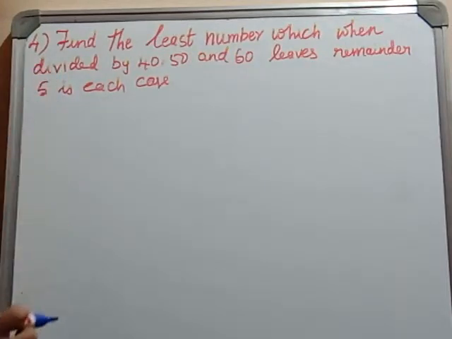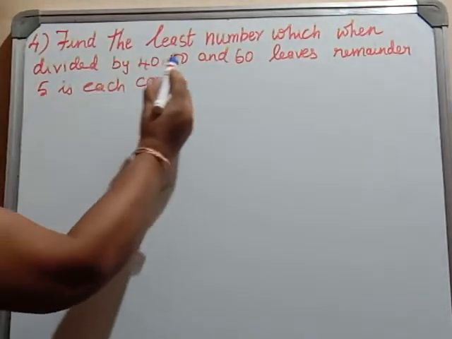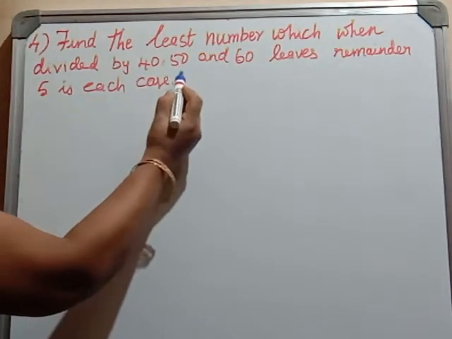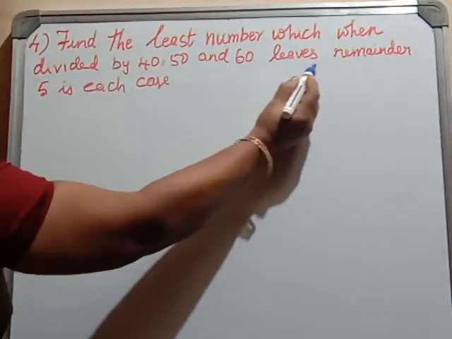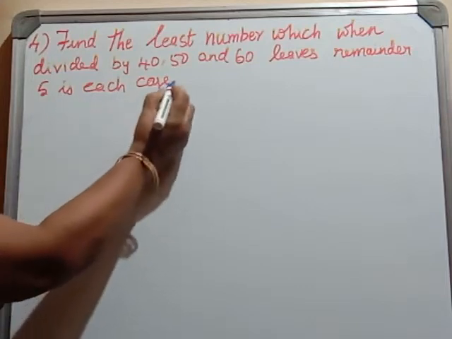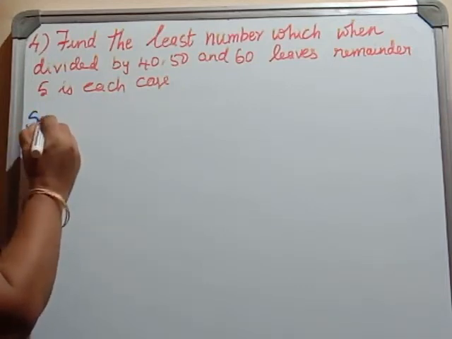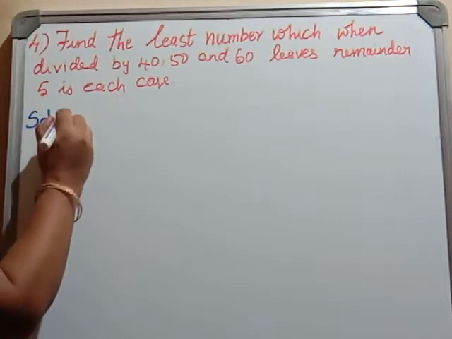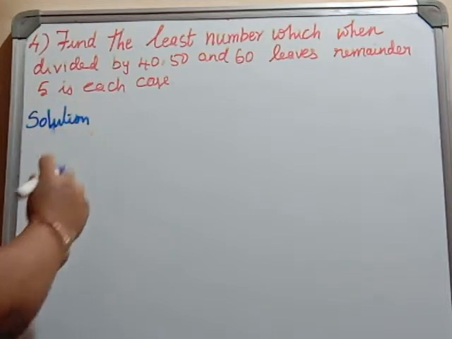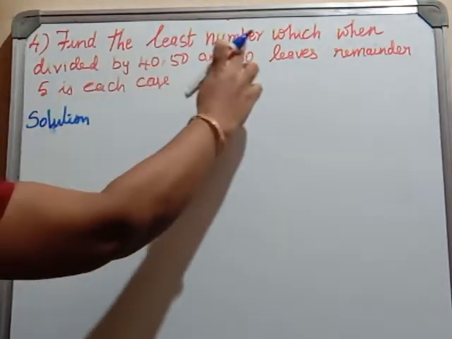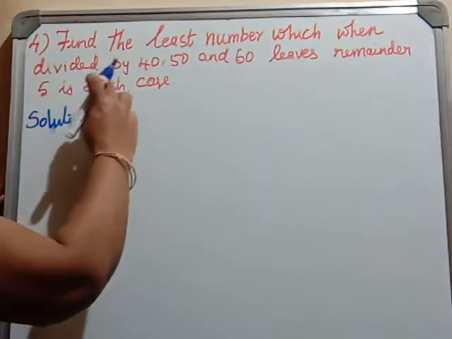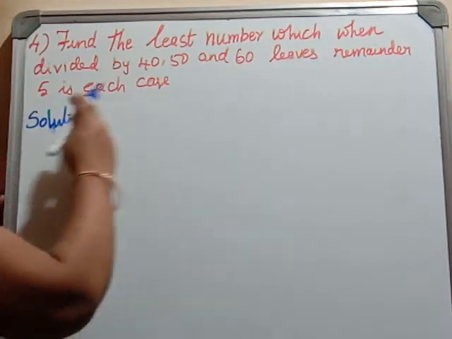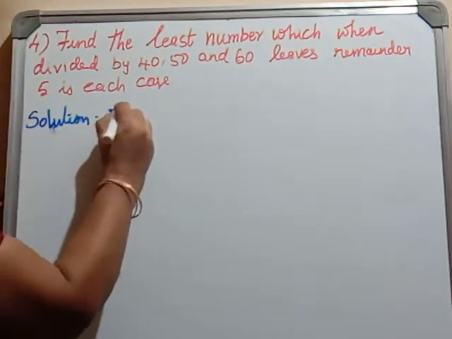Now, we are going to solve the fourth sum. Find the least number which, when divided by 40, 50 and 60, leaves remainder 5 in each case. Now what they ask, children: find the least number which, when divided by 40, 50 and 60, leaves remainder 5 in each case.